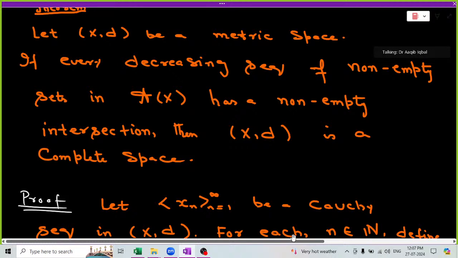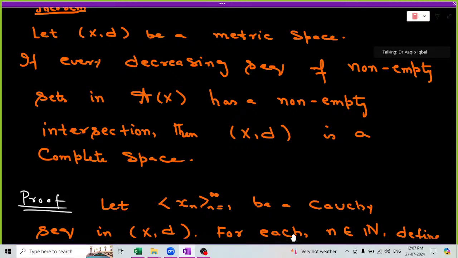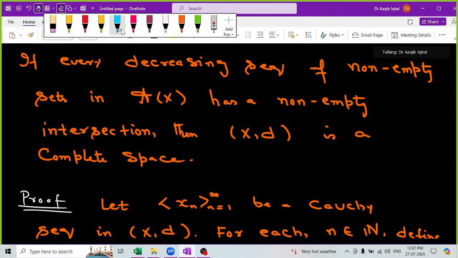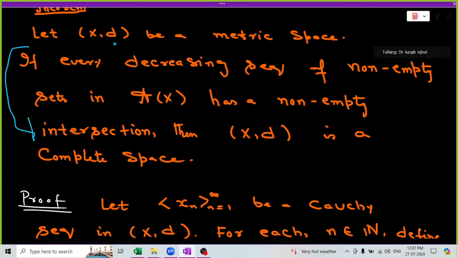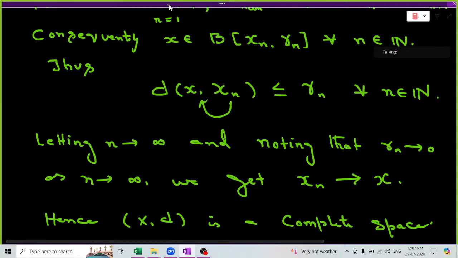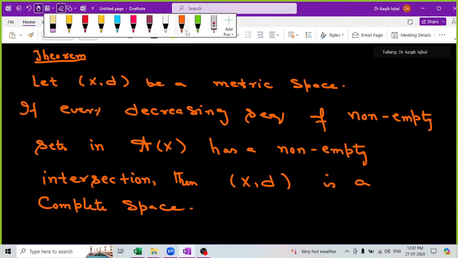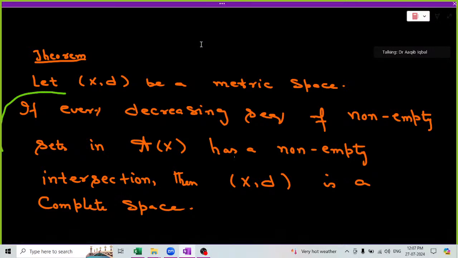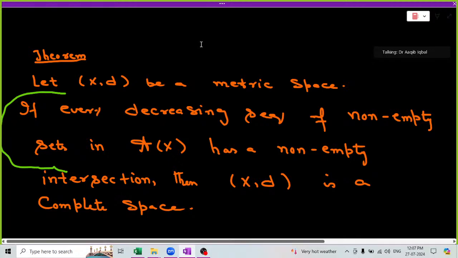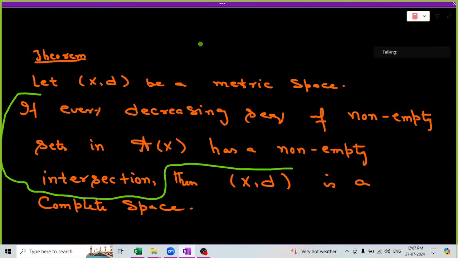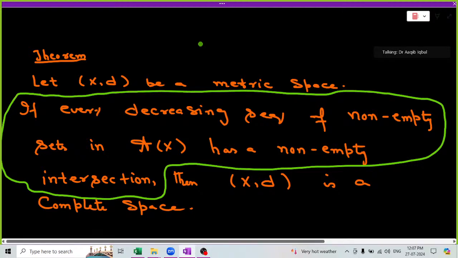And the requirement is every decreasing sequence of non-empty sets in AX must have a non-empty intersection. और ये जो property जिसको हम यहाँ as an assumption ले रहे हैं इस theorem में, this property of AX, that every decreasing sequence of non-empty sets has a non-empty intersection, ये AX वाली प्रॉपर्टी जिसका इस्तेमाल करके हमने XD की कंप्लीटनेस को दिखाया, this AX property is called the compactness of AX.